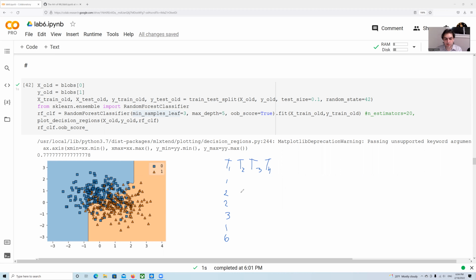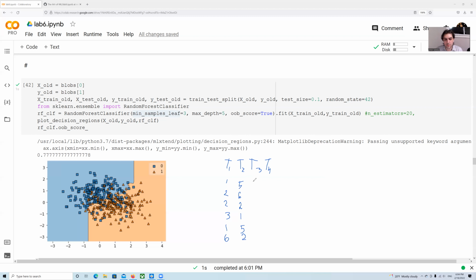The next tree was trained on the features, let's say 5, 6, 2, 1, 5, 2.